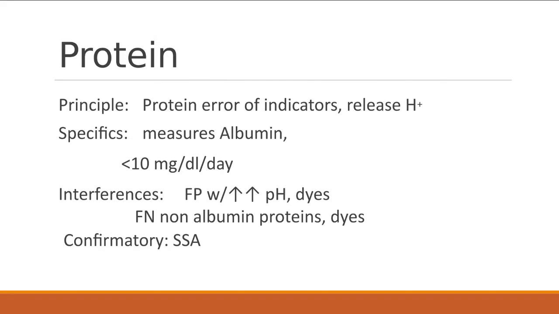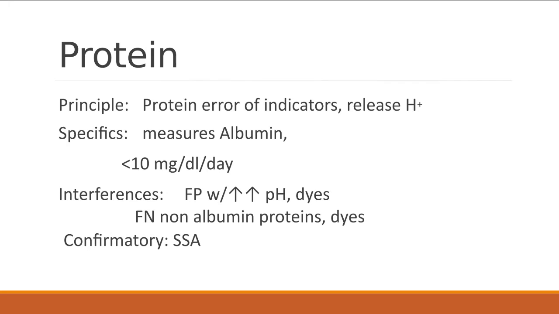Whenever you have protein on your strips that come up as positive, you can confirm using SSA. When you have protein positive and you perform the SSA, you'll get turbidity that will happen in the urine. All of these procedures are in the book also if you want to look at them.